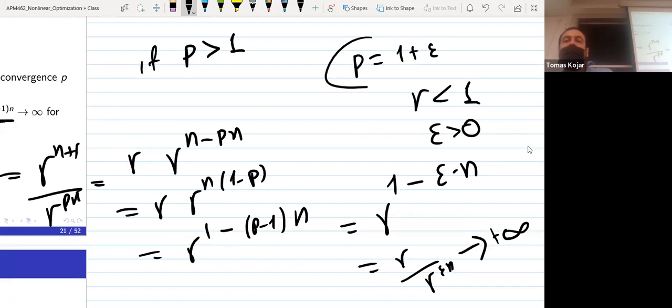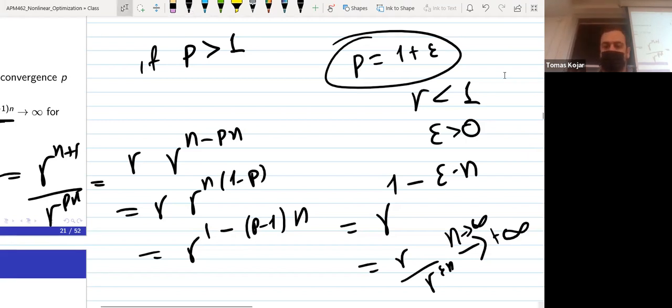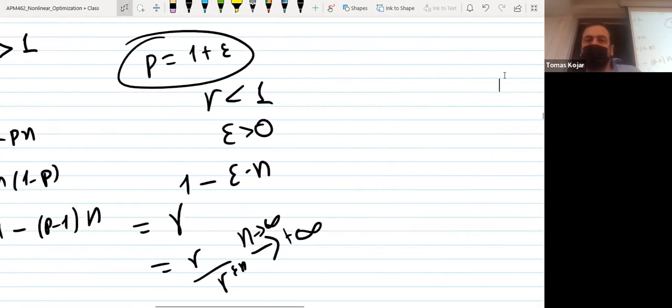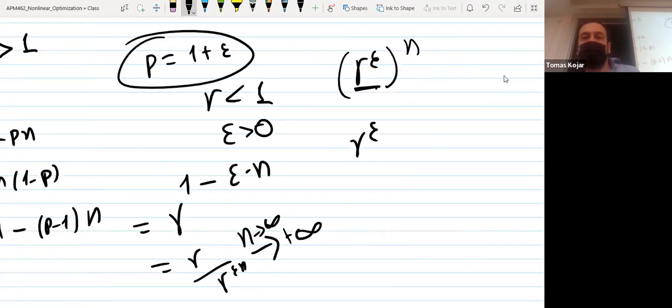So you're not allowed to take p equal to 1 plus epsilon, because r^epsilon to the n, this is less than 1, so it goes to 0.